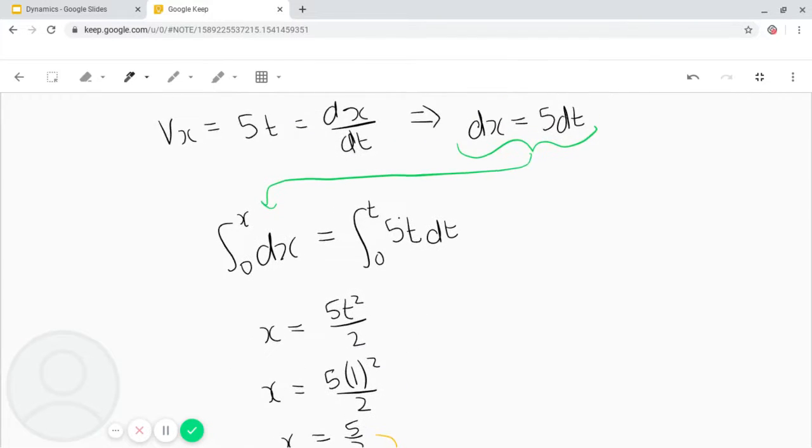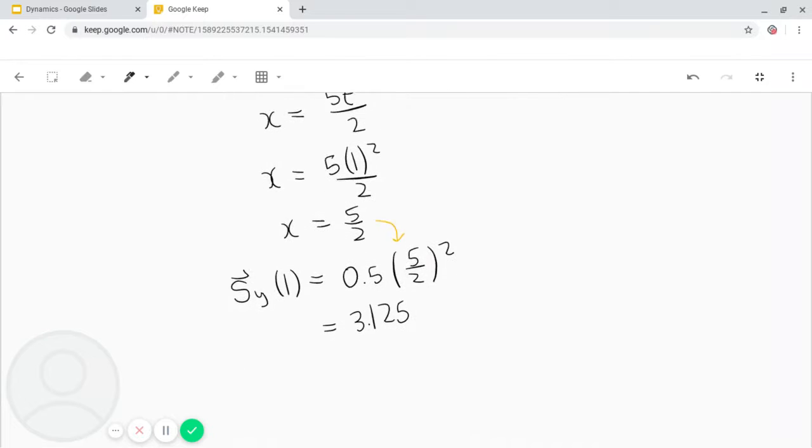So then we have our x here and our y here.